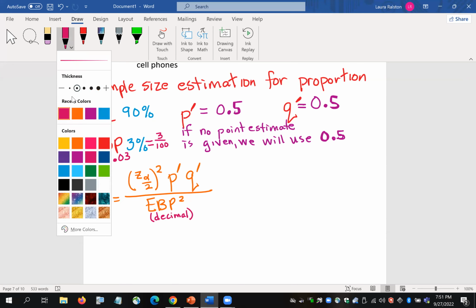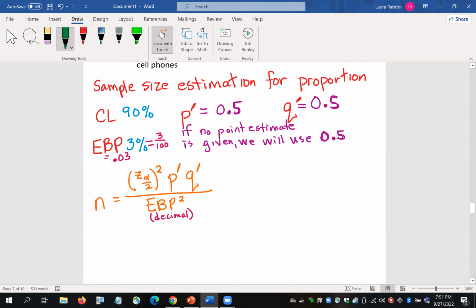To get to the critical value that I need, we do the same process. My confidence level is 90%. So that's going to lead me to my critical value, which is Z alpha over 2.